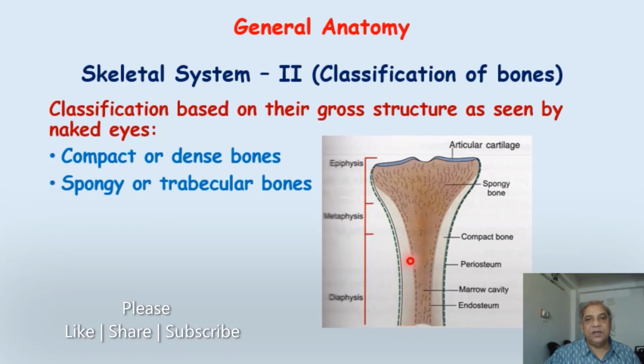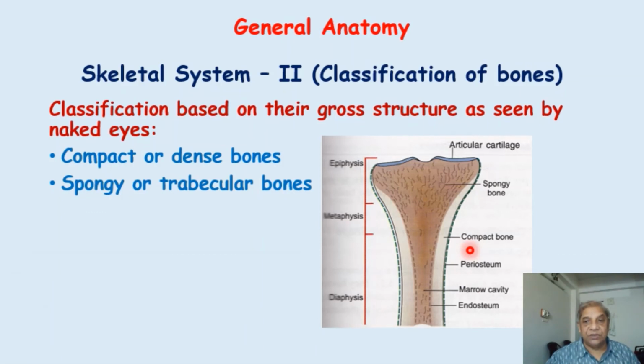Okay, now this classification is based on when you see these bones by the naked eye. But when I go to the next slide, I will tell you another classification which is based on observation of these two bones, the spongy bone and the compact bone, under the microscope.